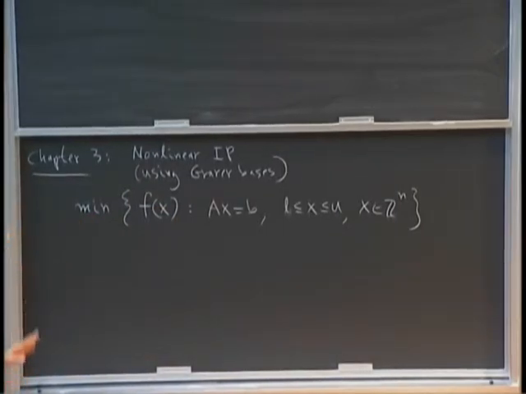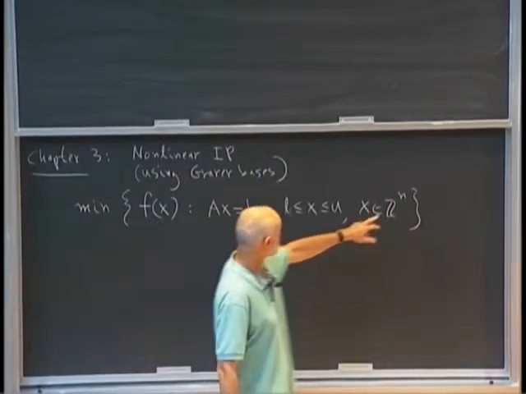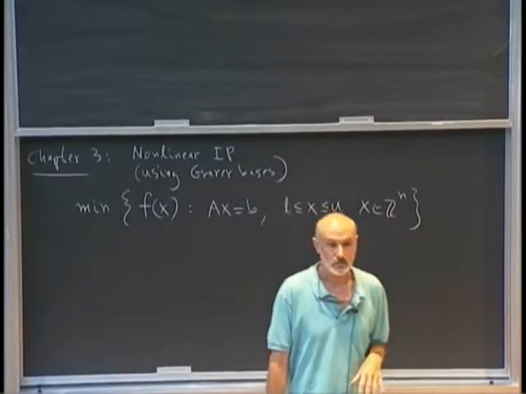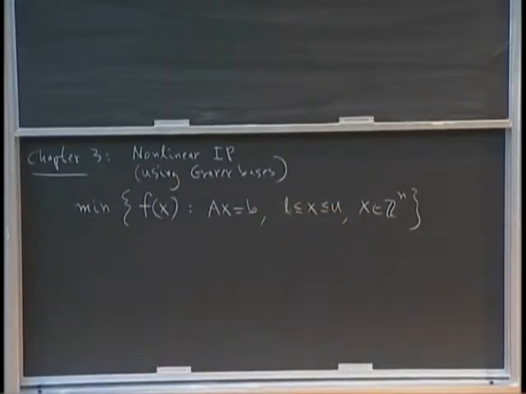The dimension is variable, so n, let me emphasize this again, in my lectures the dimension n is variable, whereas in Matthias's lectures the dimension is fixed, so that's a big difference in the method.